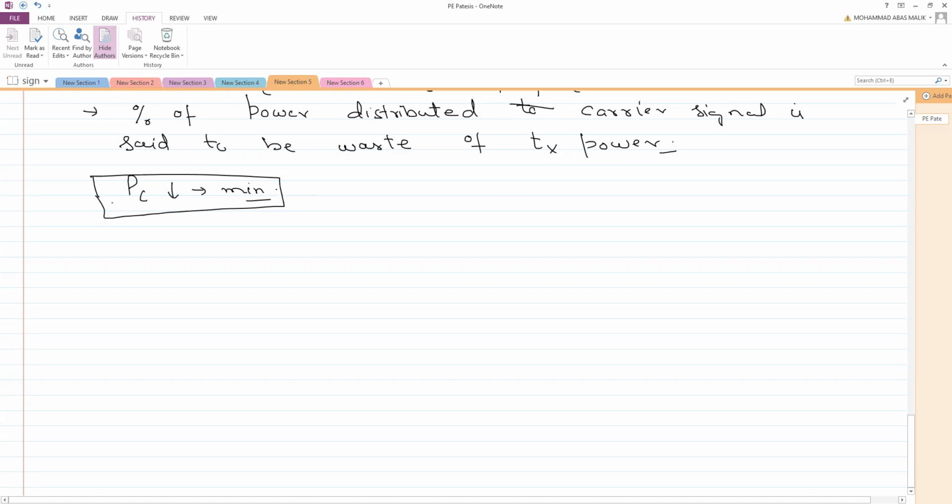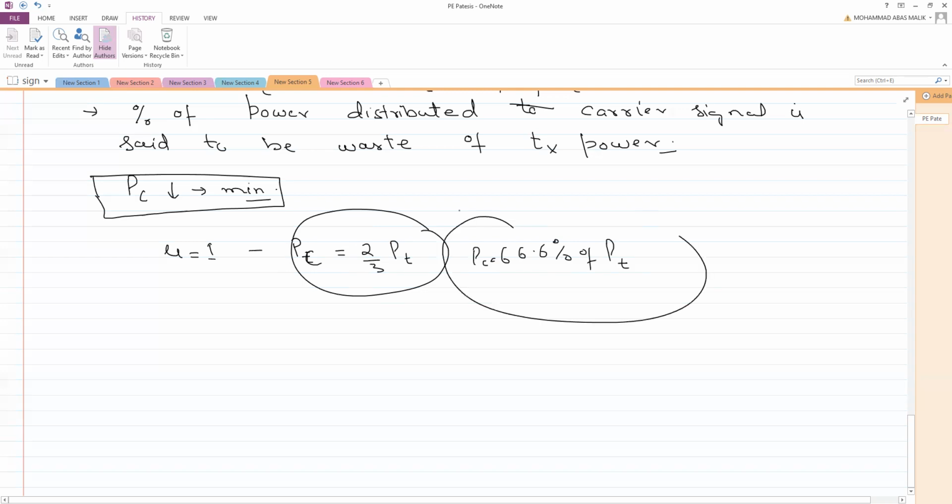So in AM, for the best power distribution, that is when mu is 1, the carrier power PC is 2 by 3 times the total power, which is 66.6% of total power. That means carrier power in this case is still wastage of power.